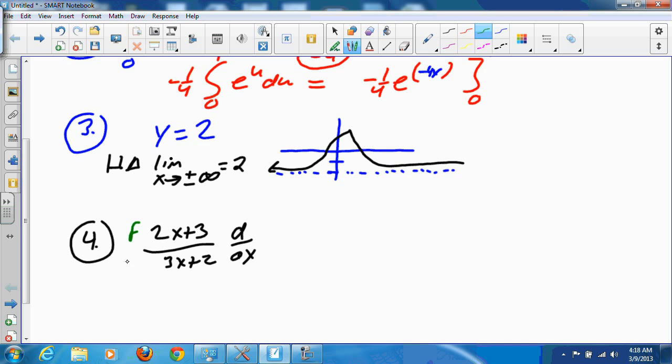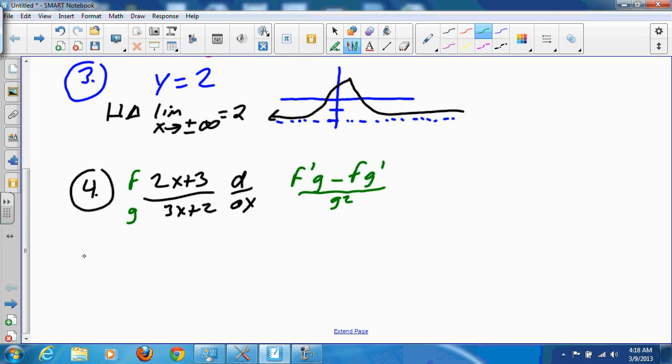So the top function, or the numerator, we'll call f, and the denominator we'll call g. And just recall that the quotient rule looks like this. So just take this and do the simplification. You may have to distribute out your numerator, do some simplification, but it's a fairly straightforward problem.